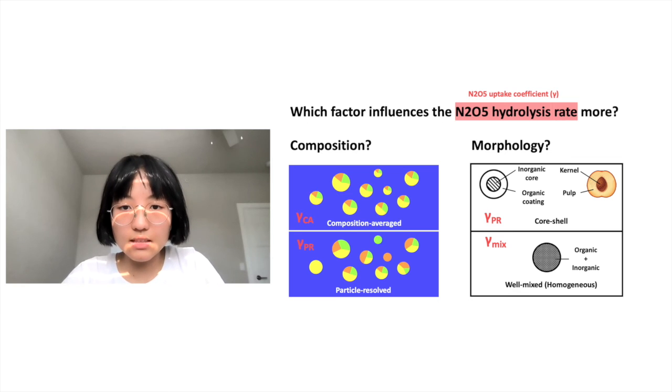And when comparing the differences between gamma PR and gamma mix, we can see if the morphology will influence the hydrolysis rate. If the gammas have significant differences, it will ultimately lead to different predictions of the concentrations of species related to this reaction, such as ozone, NOx, nitric acid, and N2O5.